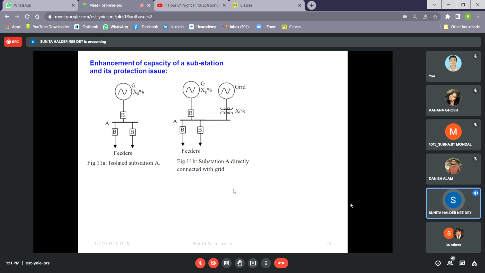So for that reason, now the system is like this, figure 11b, so that the enhanced load can be catered by the required power generation taken from the grid. So when the grid is connected, what will be the equivalent circuit? Actually, if I draw, I have not given it here, purposefully.